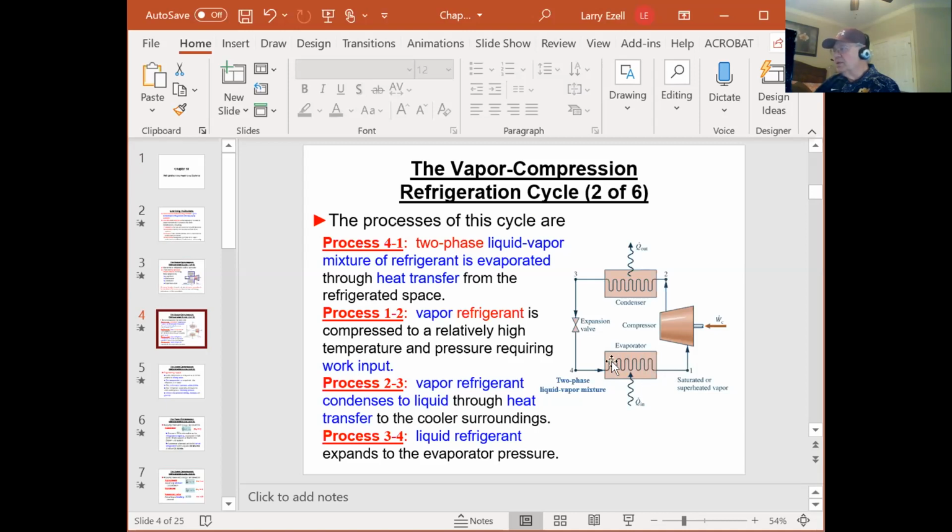Well, I want this evaporator coil to be somewhere around 50 to 60 degrees Fahrenheit. So if I'm designing it, I'll look at my tables and choose a pressure that gives me that temperature. Let's look at the tables.